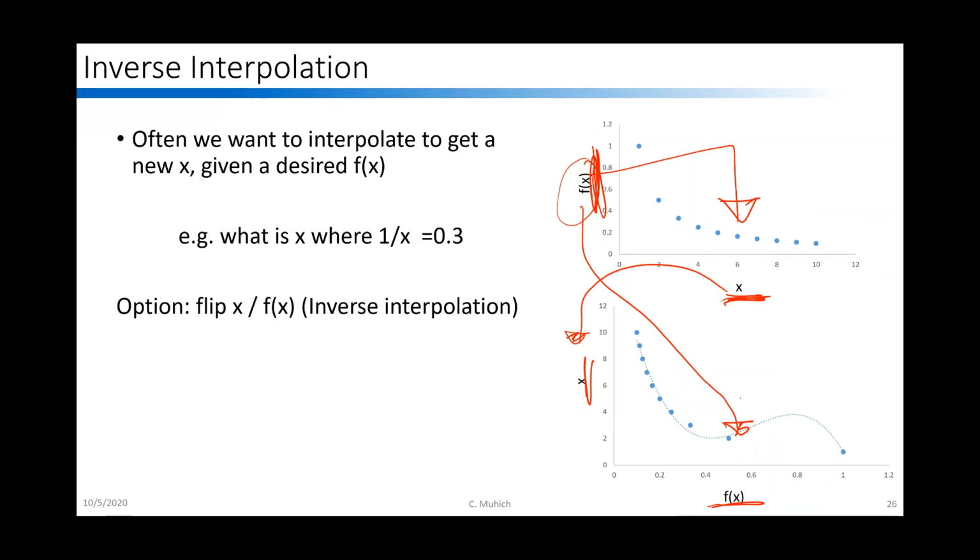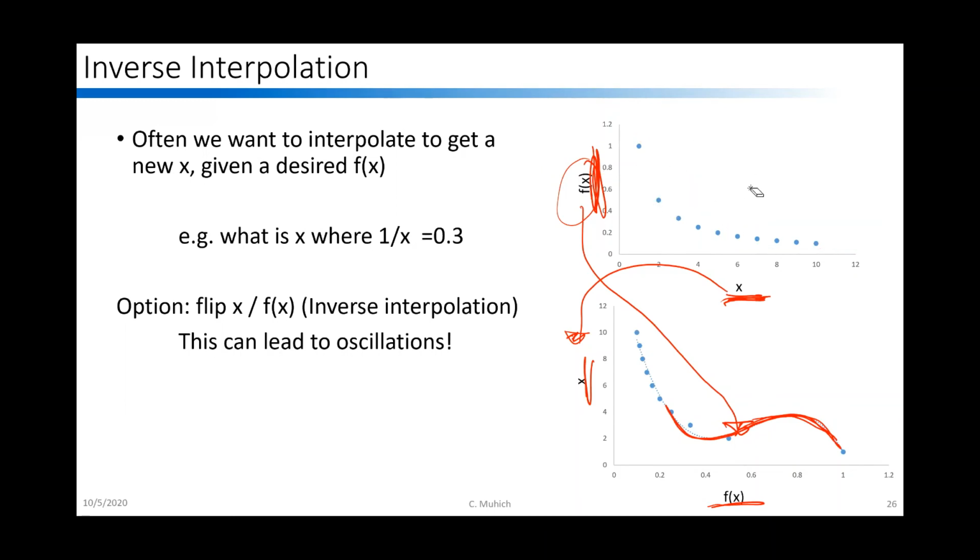Well, the problem is that this can lead to oscillations. As you can see here, while the data should be some sort of monotonic function, we get this oscillation down here where the data is sparse.